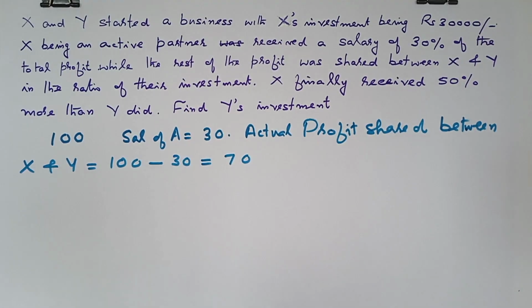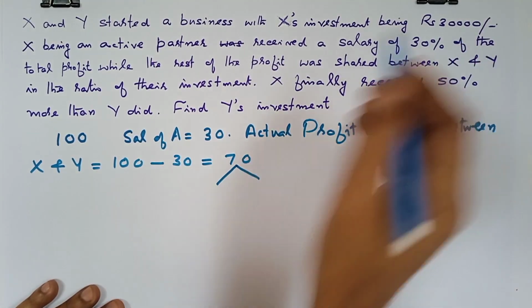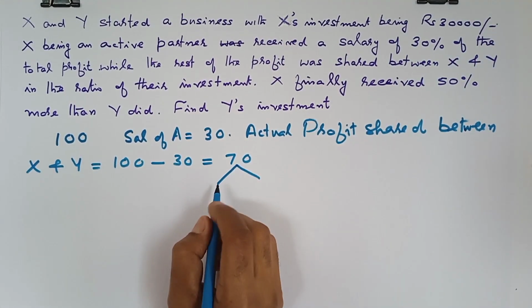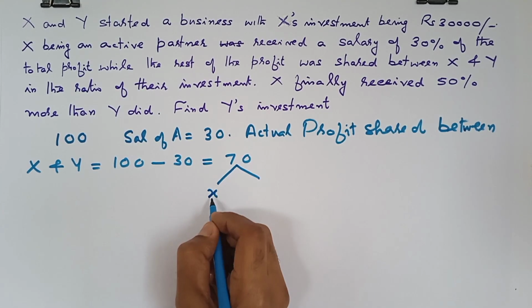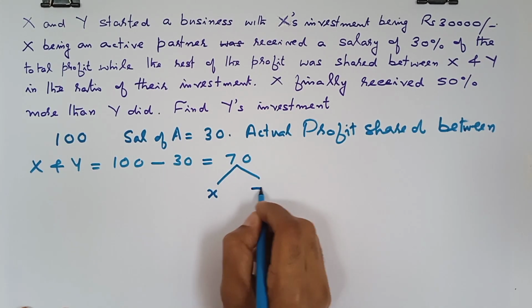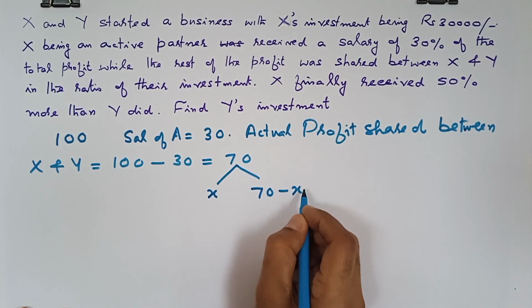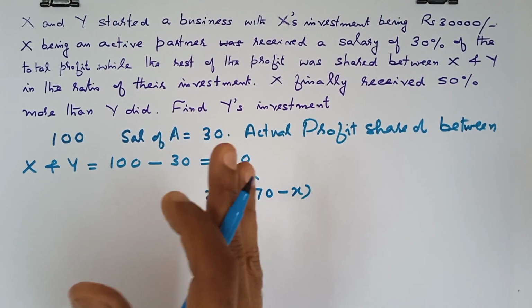So 70. Now again, we can't correctly find that because we know only one investment. But let's assume that X received some amount x out of 70. In that case, Y will get 70 minus x.